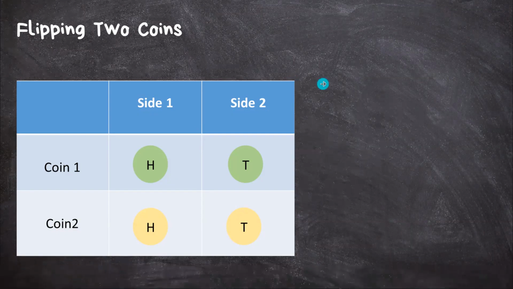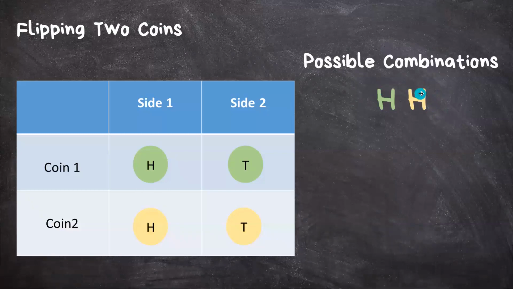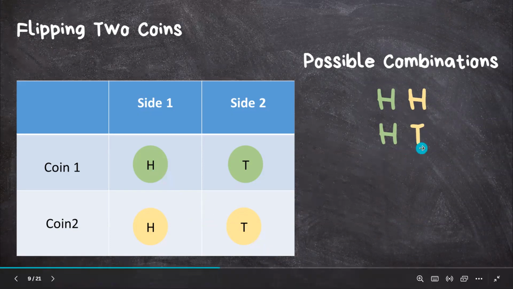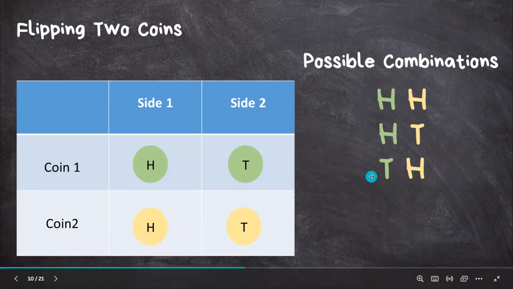The first possible state is that both of us get heads. So head, head is the first state. The second state is head, tail. The third state is tail, head.